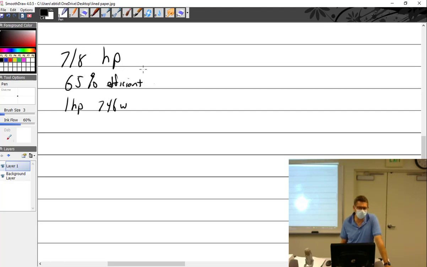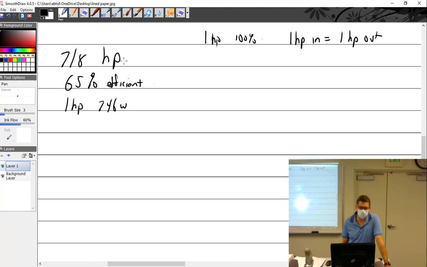So that's the work that it can perform. It can perform 7/8 of a horsepower. If I had a 1 horsepower that was 100% efficient, that means 1 horsepower in equals 1 horsepower out.